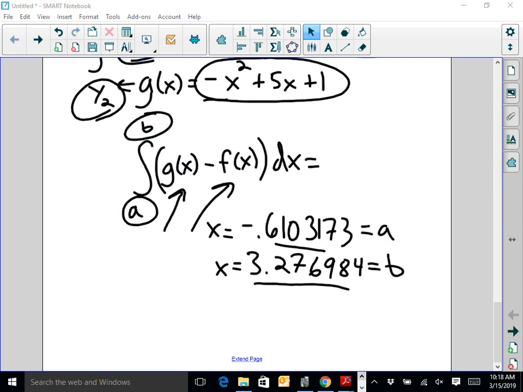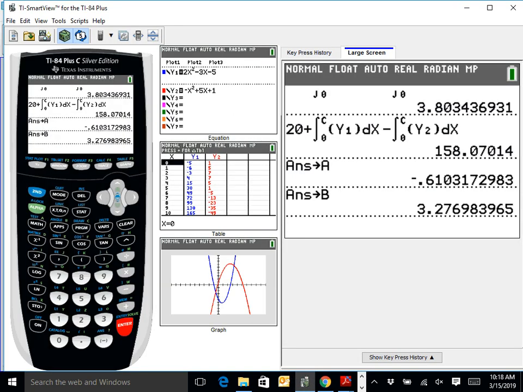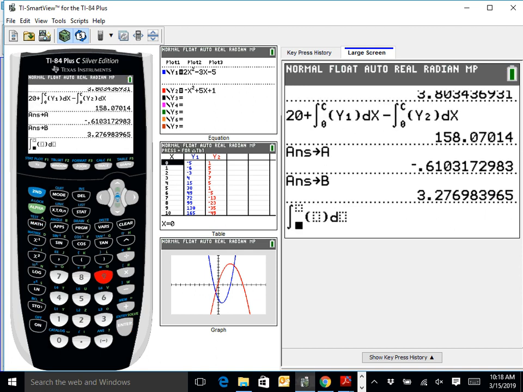So now what I'll do is math 9, integral from A to B. And again, I can't use A and B unless I've actually saved those into my calculator as the variables that I want. Okay, I'll do it on my calculator that I have here. Bad time for it to die.